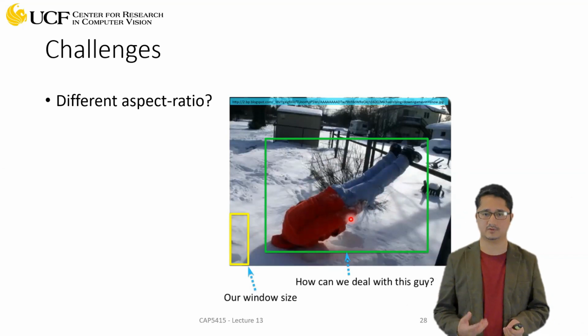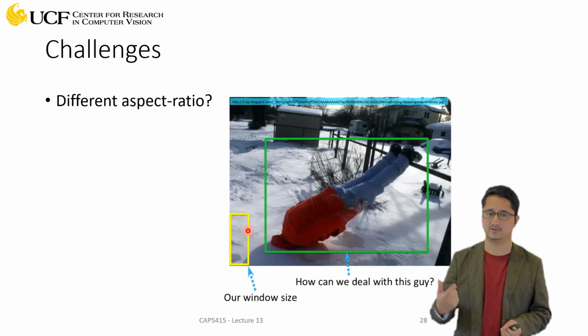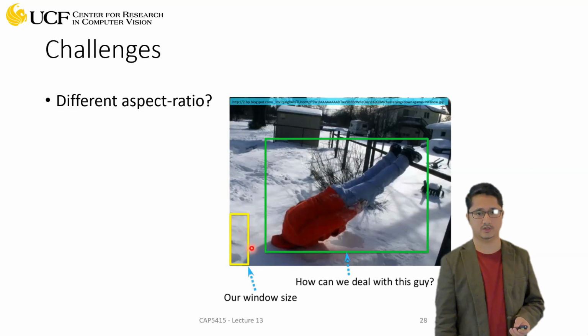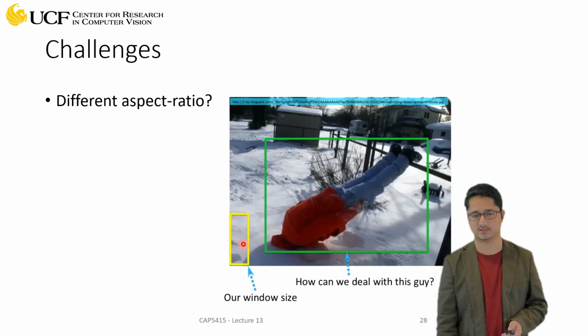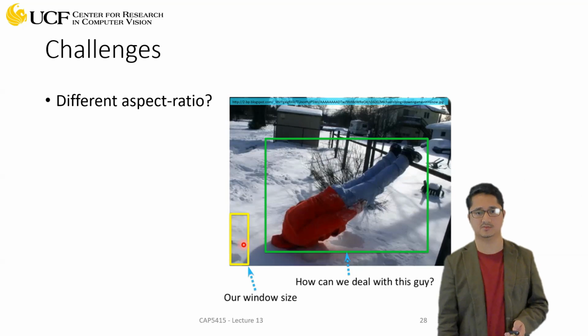But again, that's just one challenge. Of course, you can try different aspect ratios, but that will just increase the computational complexity. Whatever you do with one set of aspect ratios, you will have to repeat with a lot of other aspect ratios. We will see later on, in the actual CNN algorithm, how this is being addressed.